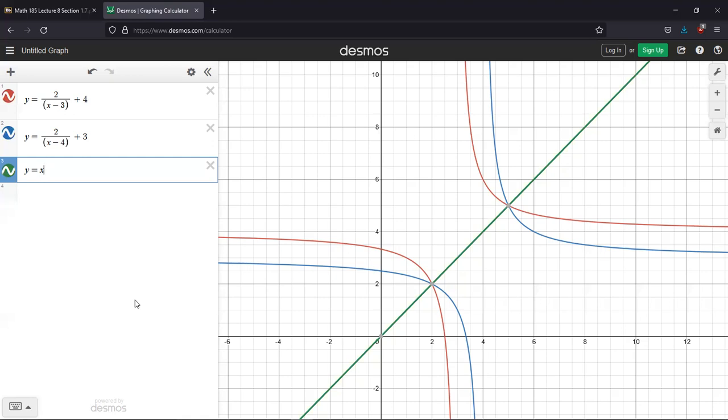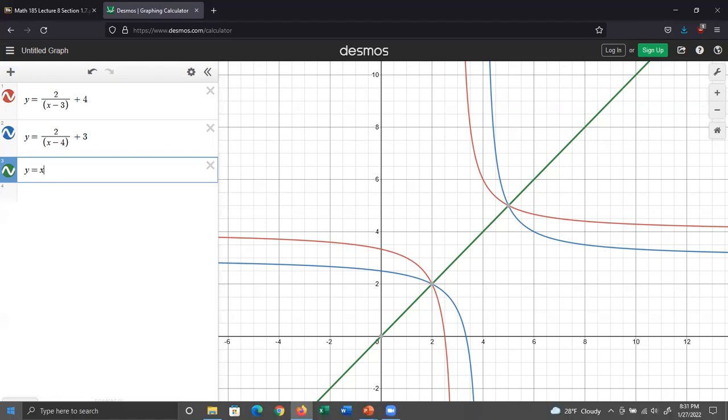It has an intercept of 0, it has a slope of 1, and it's that diagonal line right there. So the red graph, if you flip it diagonally over the green line, it will turn into the blue graph. That's the punchline, the takeaway from this.